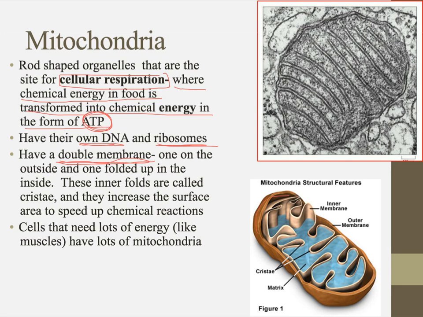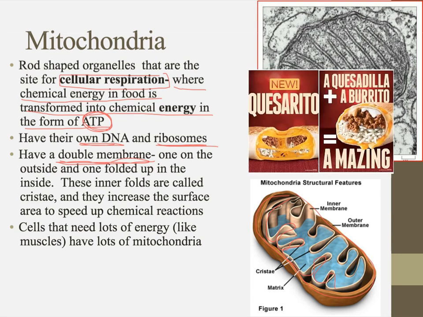So they have one here on the outside, but then they also have a membrane here on the inside, a double membrane. So it's kind of like a quesarito, this disgusting, lovely invention from Taco Bell. A shell on the outside, another shell on the inside. Same thing here with a mitochondria.